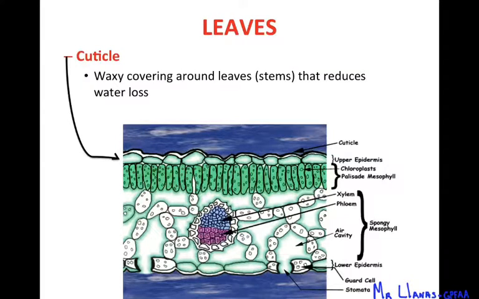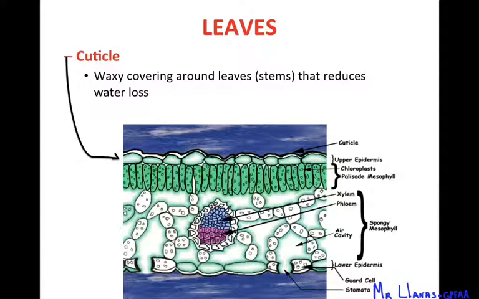Okay. Now leaves. The first part that we'll talk about is the cuticle. The cuticle is just wax. It's a waxy covering that covers the leaves, also the stems, right? And the reason is because it's going to prevent water loss. This is one of the adaptations that plants had to develop in order to move from near the water to areas where there was not a lot of water, right?